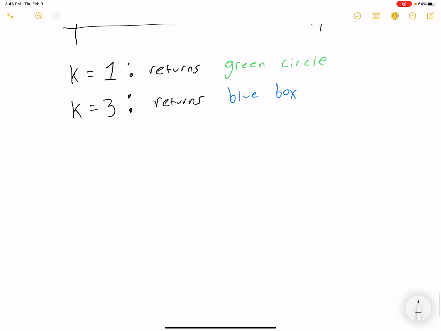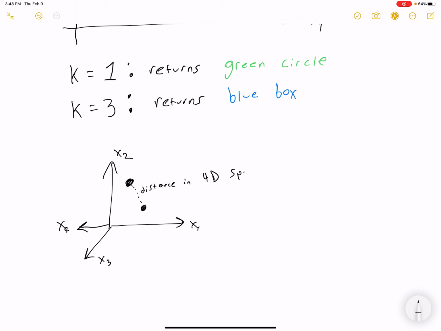Okay, and of course this generalizes to multiple dimensions. So x1, x2, x3, x4. It's the same thing, just finding the nearest neighbors in 4-dimensional space, or more generally, n-dimensional space.